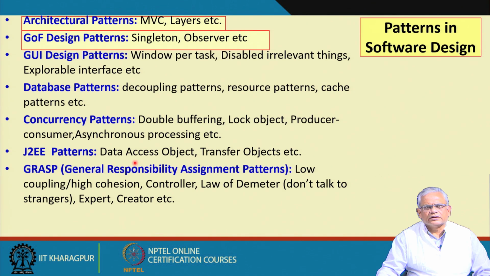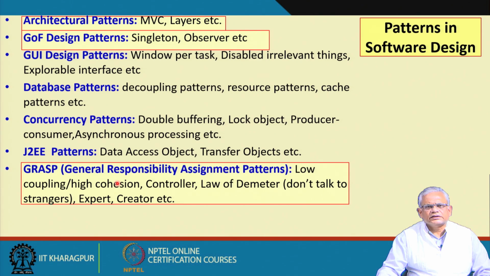The GRASP patterns are the general responsibility assignment patterns: low coupling, high cohesion, controller, law of Demeter, expert, creator, etc. We will discuss this. They turn out to be very simple patterns, many of which appear to be more of common sense.